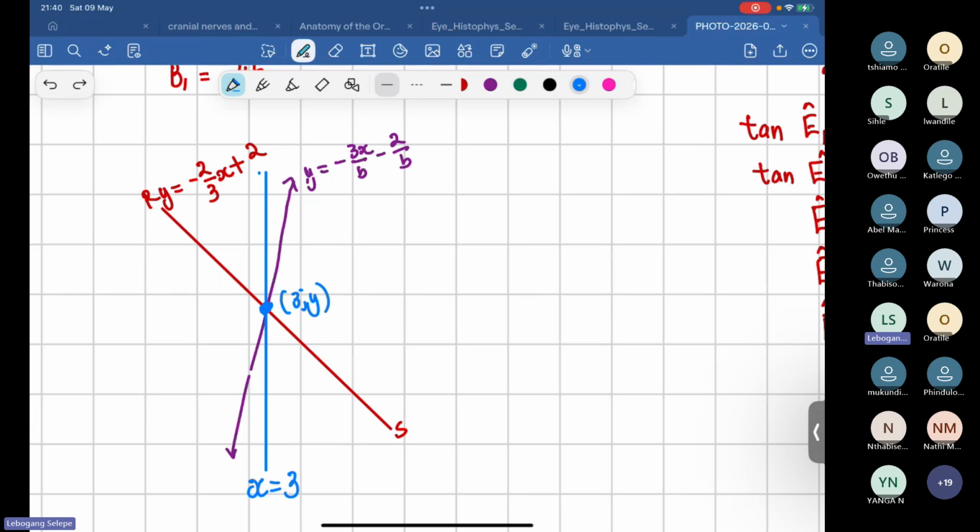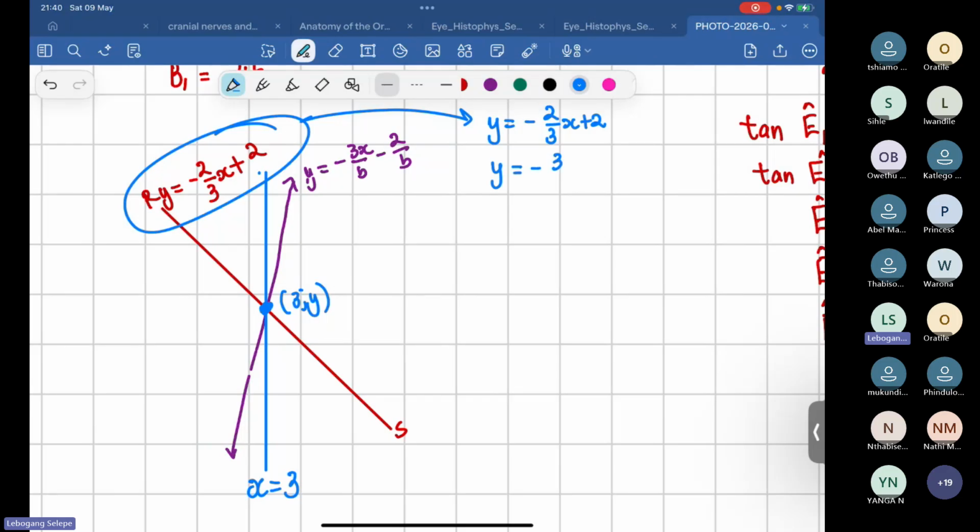So rather, I would use this equation because I have everything in it. According to this equation, y is equal to negative 2 over 3 x plus 2. The y value should be equal to negative 2 over 3 multiplied by the x value, which is this one, the 3, plus 2. Therefore, y is equal to, these cancel each other, negative 2 plus 2, which says that y is equal to 0.